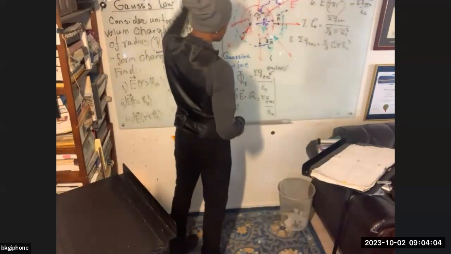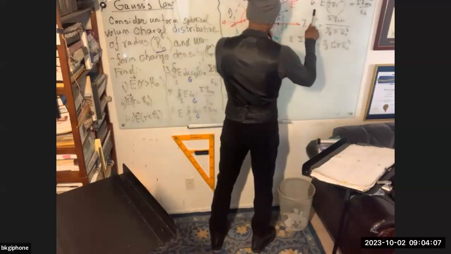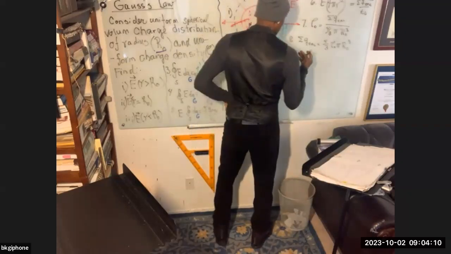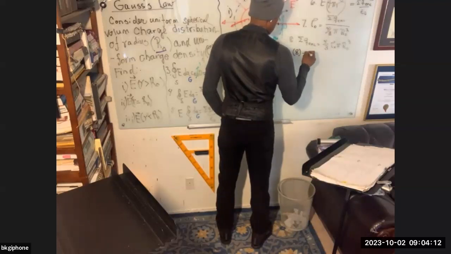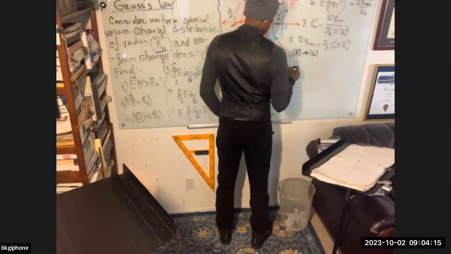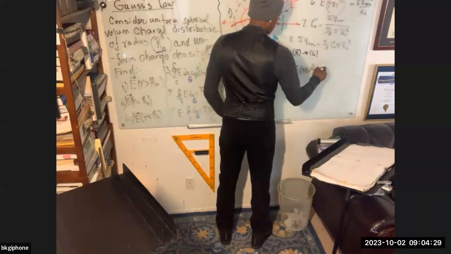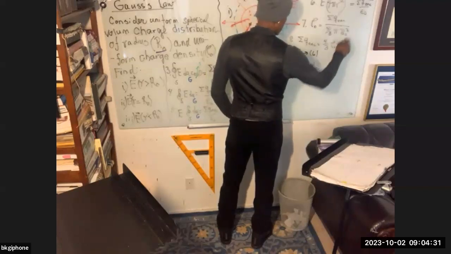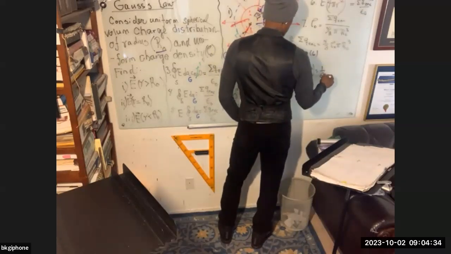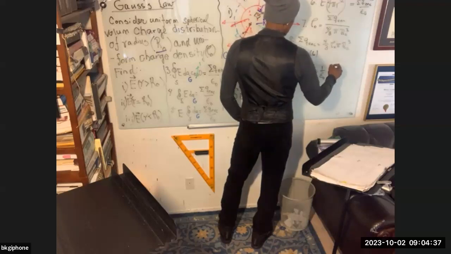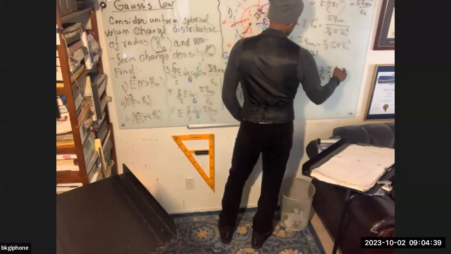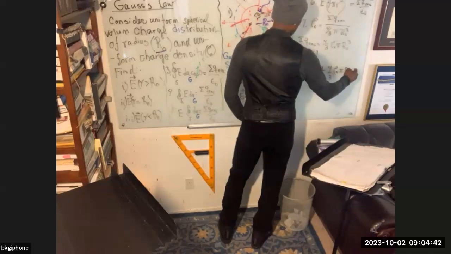Now I'm going to stick equation 8 into 6. So 8 into 6 yields that E times 4 pi r squared equals, I've got the 1 over epsilon naught still there, so then times 4 over 3, and then rho naught pi r naught cubed.